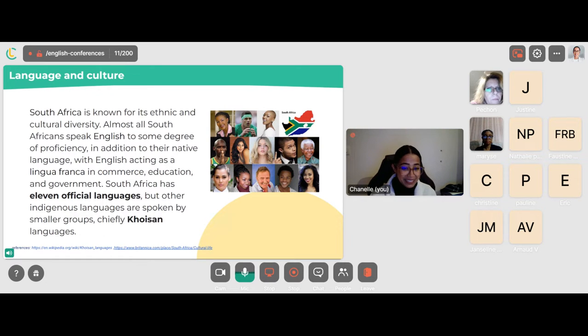South Africa has 11 official languages, but other indigenous languages are spoken by smaller groups, chiefly Khoisan languages. So, of those 11 official languages, we can see why South Africa is a multicultural and extremely diverse country, because we have cultures stemming from all of the rich heritage of South Africa.